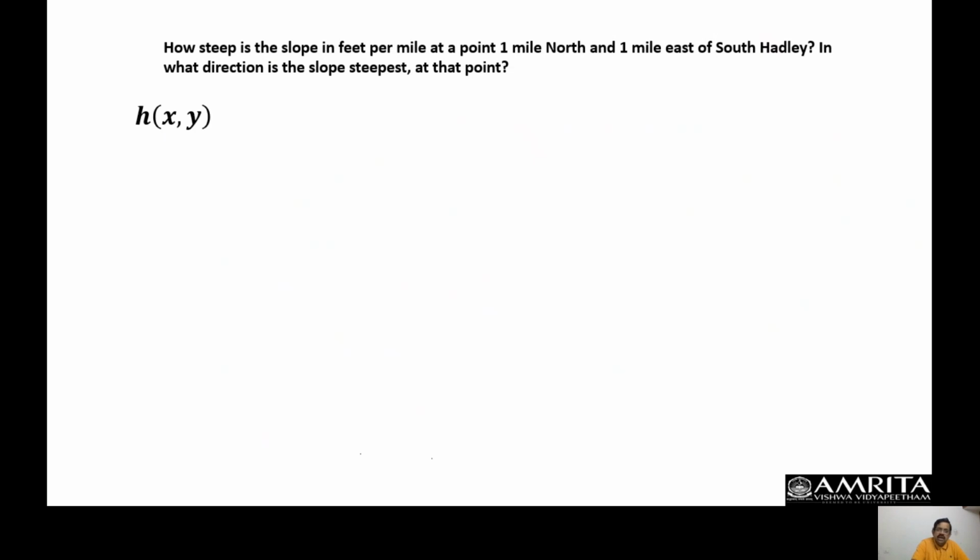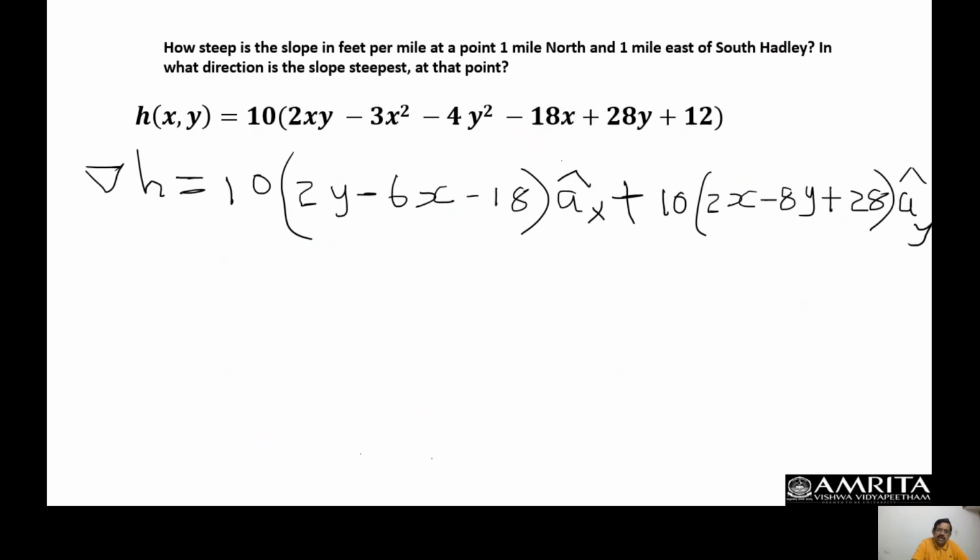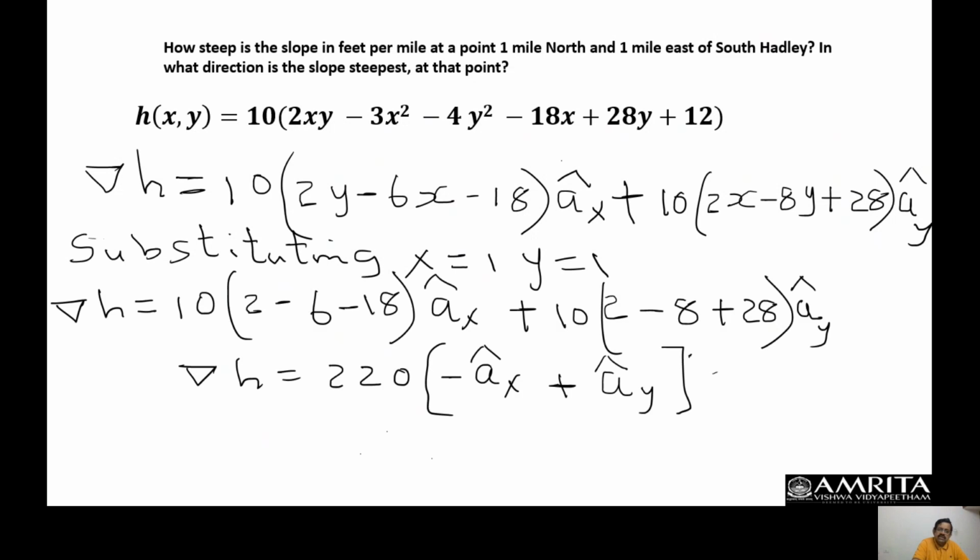In the del operator, the moment I substitute, I am going to get del h equal to 220 into (-ax hat + ay hat). So this is the gradient of the scalar function height.